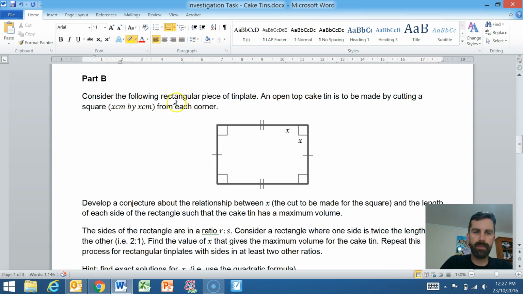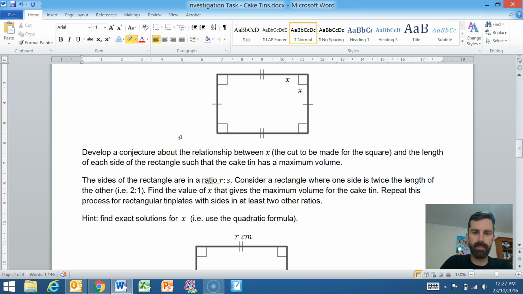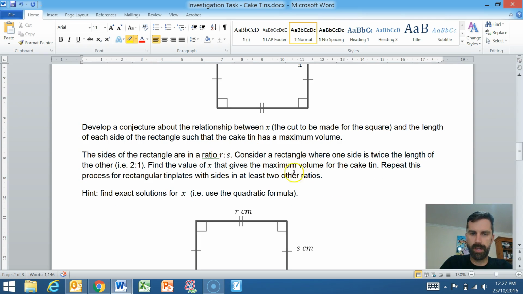In part B, you're going to look at a rectangular piece of tin plate. So now we're not talking about a square anymore. You'll be looking at rectangles that have side lengths in a particular ratio. One side is twice as big as the other, to start with, or you could do 3 times as big, or 4 times as big.